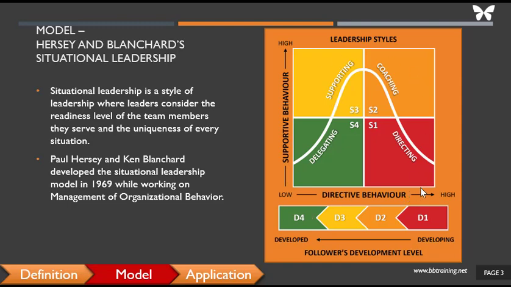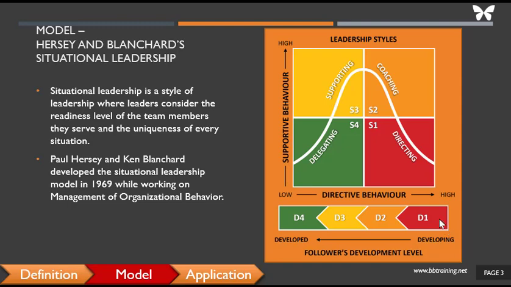Now, if you look at this very interesting leadership model, there is D1, D2, D3, D4, which talks about the development stages of the team member that you're leading. So a team member who is at D1, we look at the commitment level and the capability level, which means will and skill.